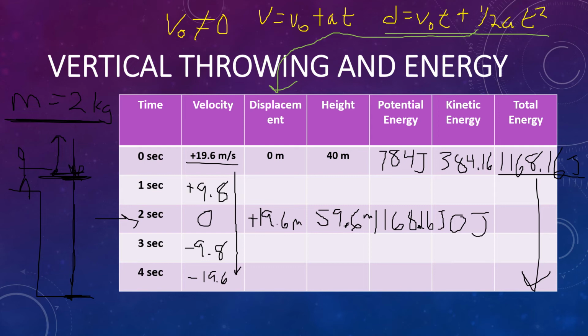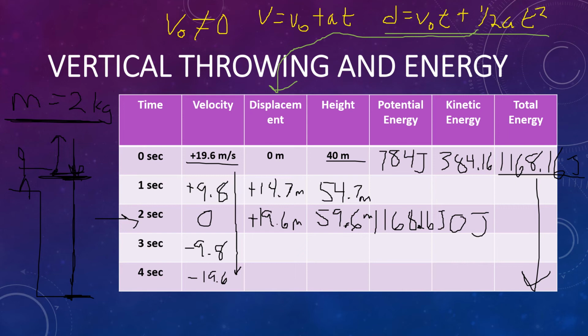I typed all that information here, and I got displacement of plus 14.7. Awesome. So what's my height if my displacement is 14.7? Oh, well, if I start off at 40 and I went up 14.7, this should be 54.7. Simple.